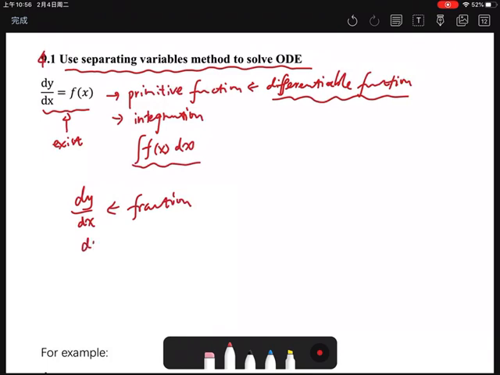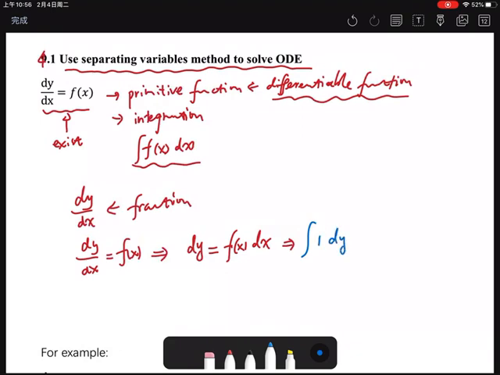So for dy by dx equals fx, we can write in this way. So we multiply dx on both sides, we can get dy equals fx times dx. And then we do integration on both sides. So we integrate the left hand side, and we integrate 1 with respect to unknown y, and equals the right hand side, we integrate small fx with respect to unknown x.